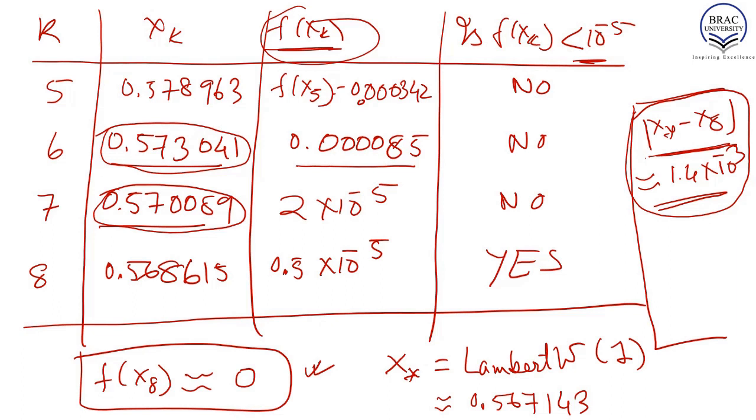Okay, so you need to understand very clearly that if the actual root value is not computable, meaning irrational or unknown, then you always go by this f of x equal to 0 within the limit or not. Otherwise we will have a problem. Okay, so that is the solution of the problem by Newton's method.